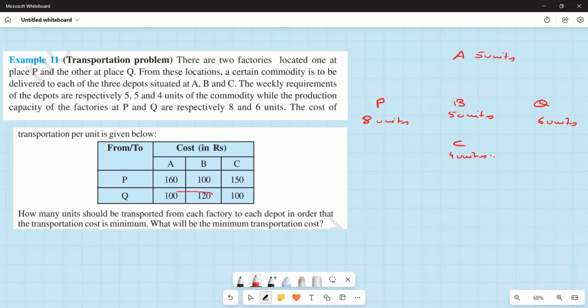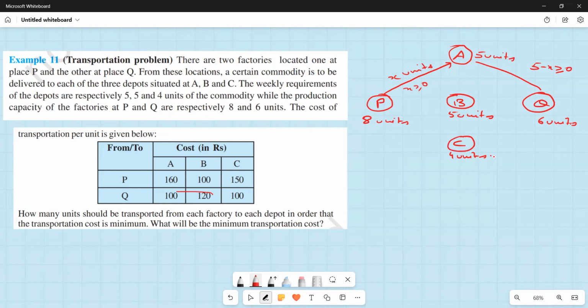So, first let us assume that P is supplying x units to A, and x should be positive. If A is taking x units from P, it will take 5 minus x from Q. These are the two depots who will supply the product to these three stores.